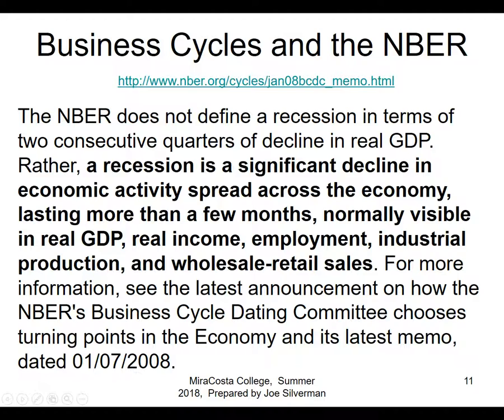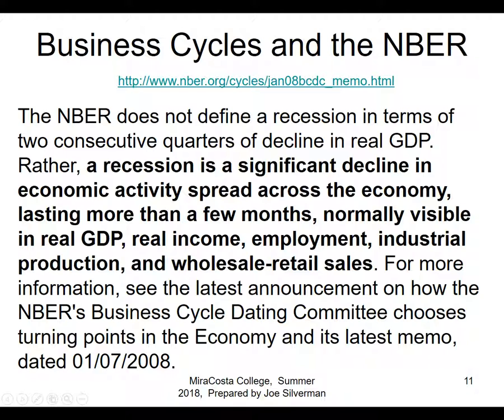Another thing that makes us different is the way that we define a recession. A recession in the United States is whenever the NBER says we're in a recession. The NBER is the National Bureau of Economic Research. They're a bunch of academic economists that get paid a little extra money to meet every once in a while and talk about what's happening in the economy.